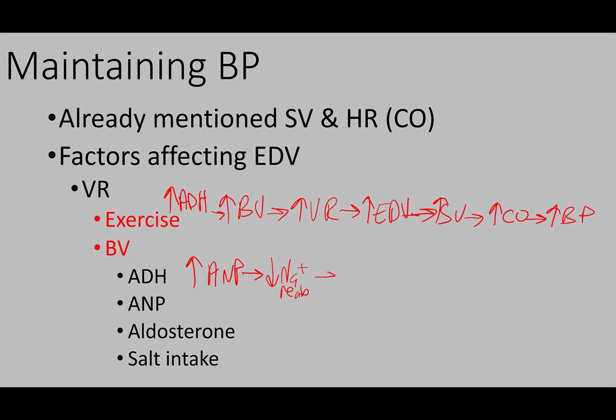If we block sodium reabsorption, then water reabsorption is going to go down, lowering blood volume. And if we lower blood volume, then we lower venous return, lowering EDV, lowering stroke volume, lowering cardiac output, lowering blood pressure.